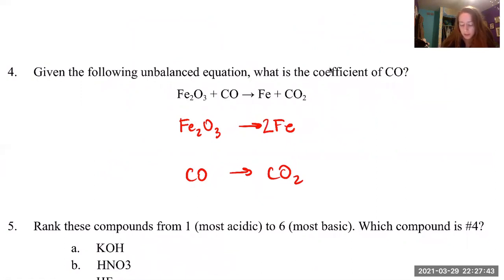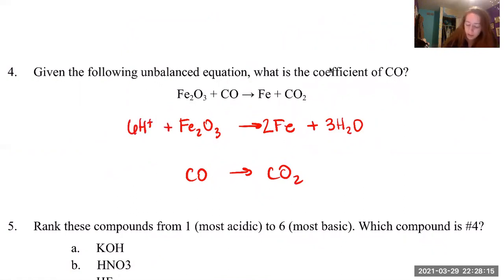The next thing I'm going to want to do is balance out the oxygens. So here on the top, I'm missing 3 oxygens. The way I'm going to fix that is by adding 3 water, because water contains oxygen, and then by having 3 waters, we have 3 oxygen. But what I've done here is create too many hydrogens compared to the left side, right? We always want them to be balanced, and so the way I fix that is by adding 6 hydrogen on the left side, since we have 6 hydrogen on the right side.